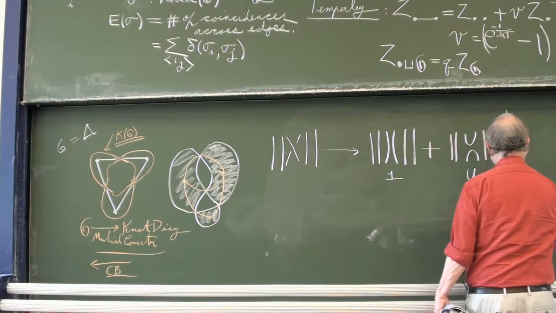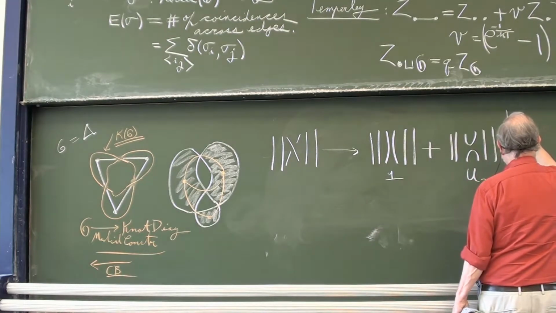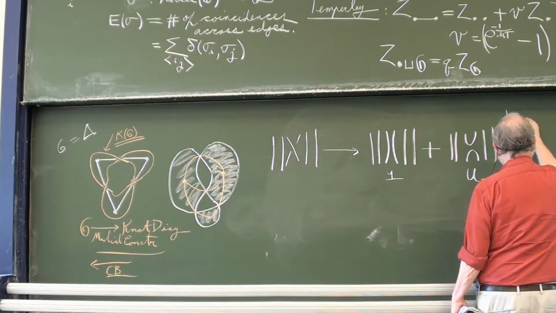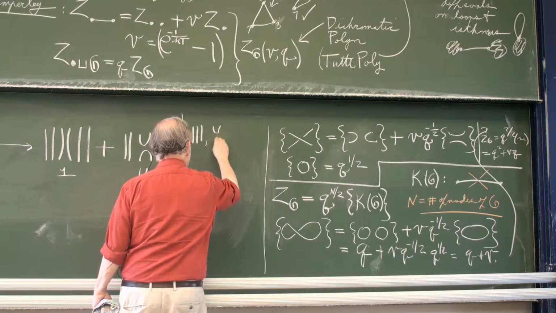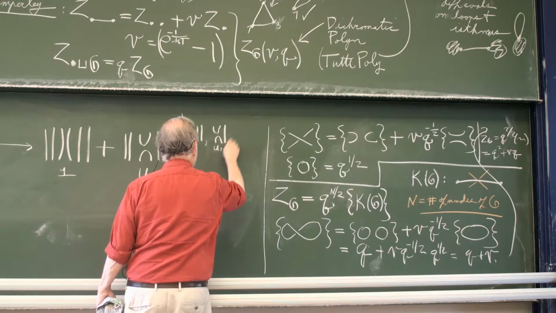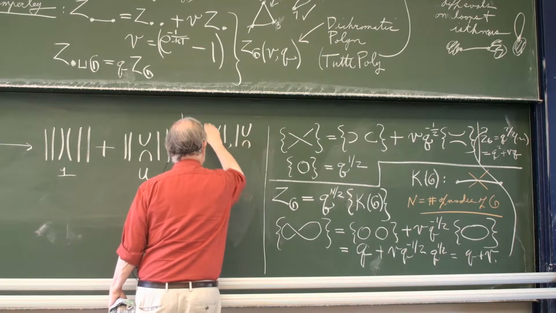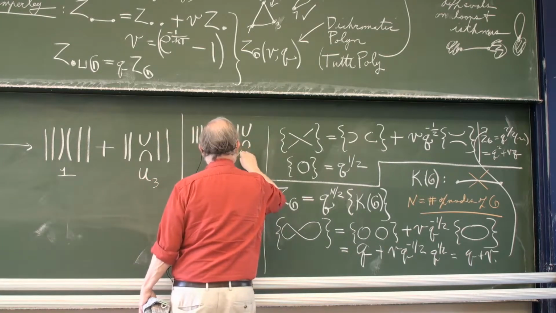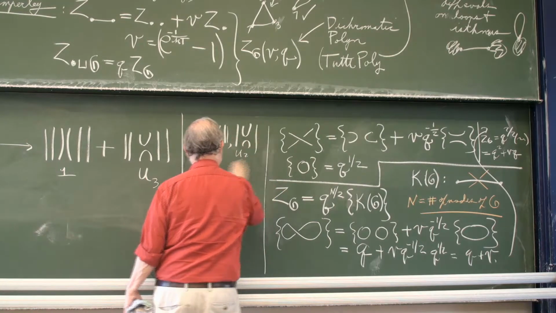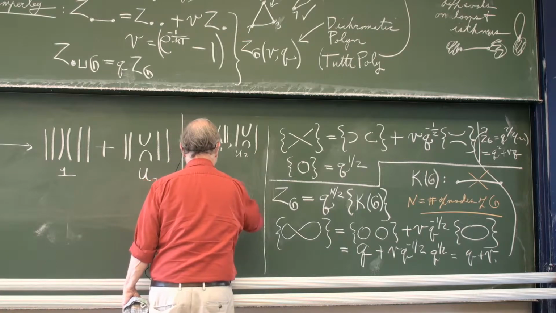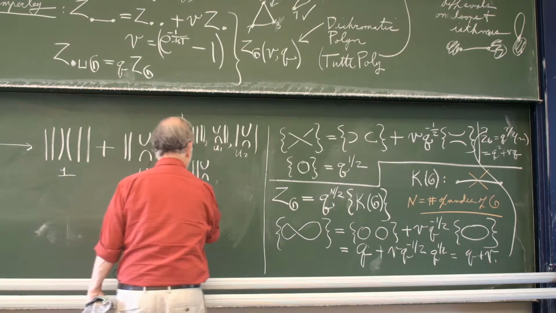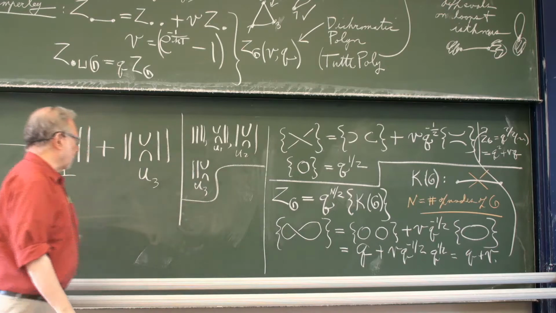I remind you that the diagrammatic Temperley-Lieb algebra consists, I'll do it for 3 strands, of identity, U1, U2, maybe you should do it for 4 strands, U1, U2, U3, and then you have some nice identities in multiplying these like braids.